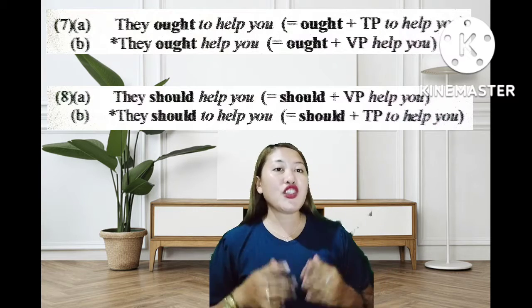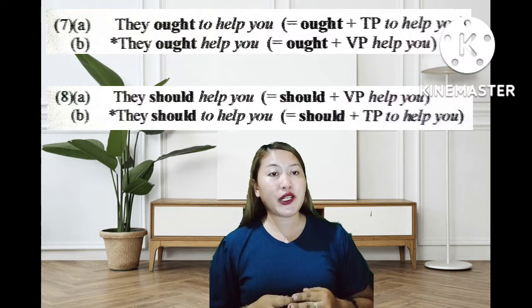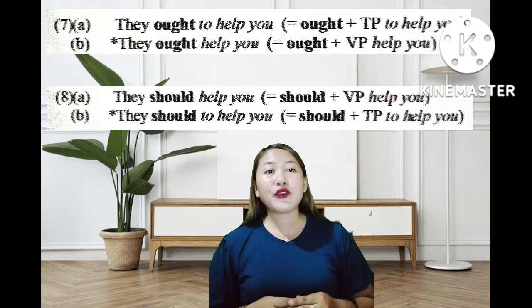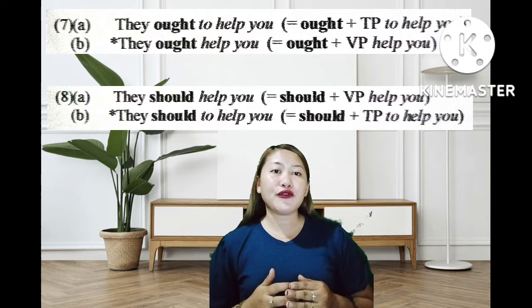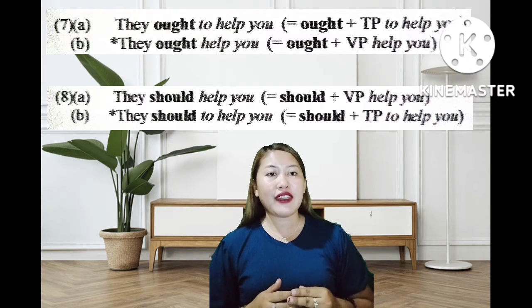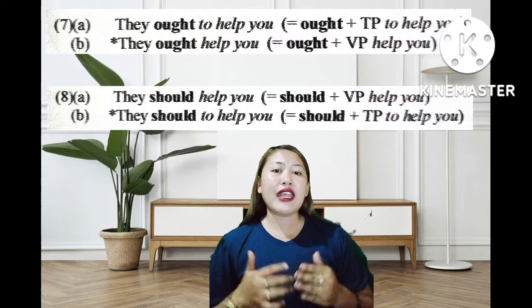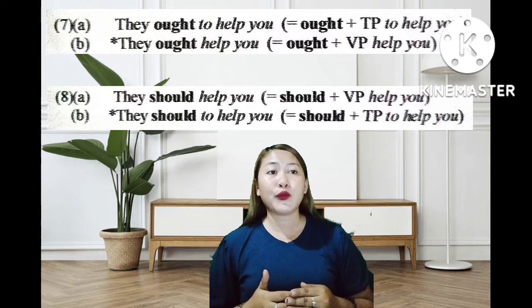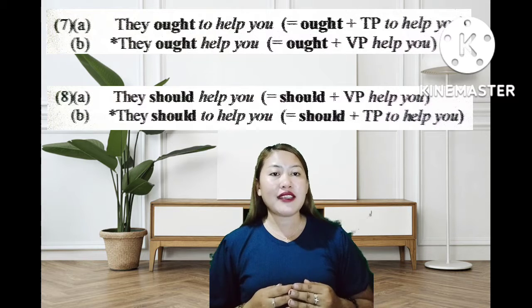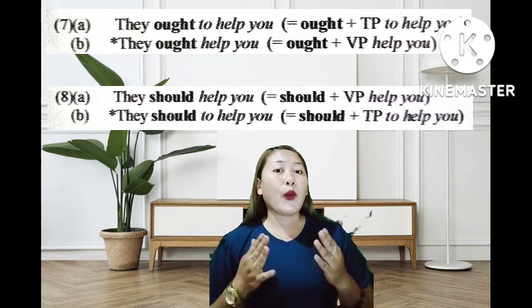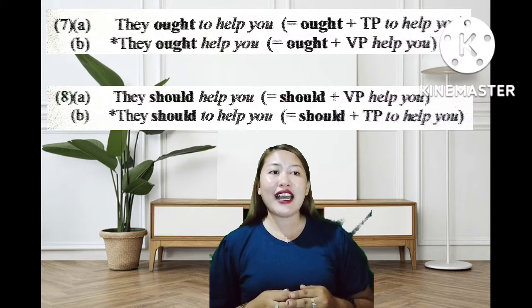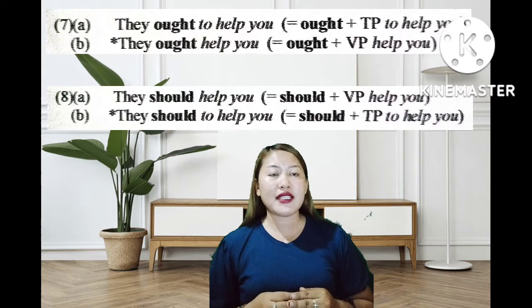If we assume that help you is a verb phrase, whereas to help you is a tense phrase, we can account for the contrast in Dialogue 7 and Dialogue 8 by saying that ought is the kind of word which selects an infinitival tense phrase as its complement, whereas should is the kind of word which selects an infinitival verb phrase as its complement.